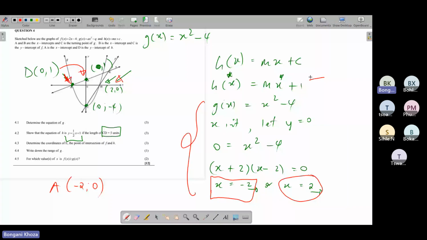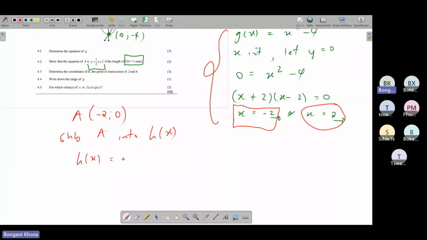So we'll sub A into h at x. Our h at x is mx plus 1. So where I'm going to see y, I'm going to plug in 0, and where I'm going to see x, I'm going to plug in minus 2. So it should be 0 equals m into minus 2 plus 1.